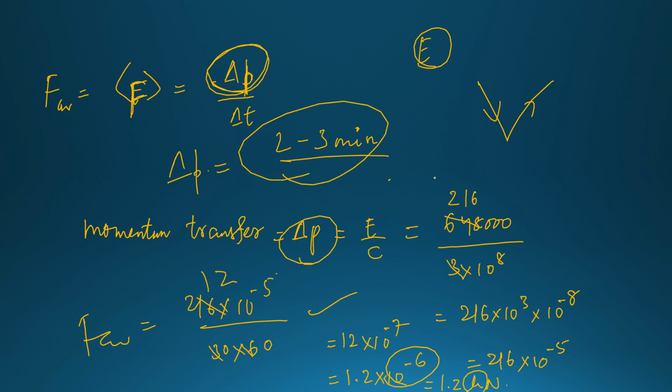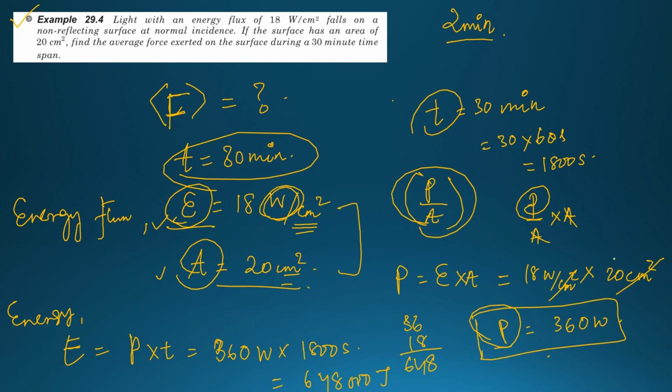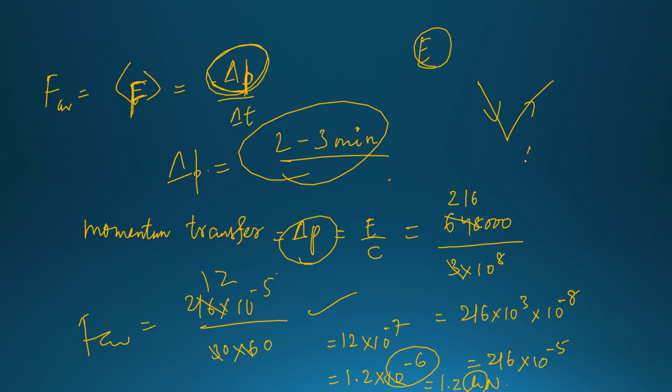That's the question. Please see it once. Energy flux is not energy. You can guess it from its unit, it is watt per centimeter square. This formula del P is equal to E by C is for a non-reflecting surface.